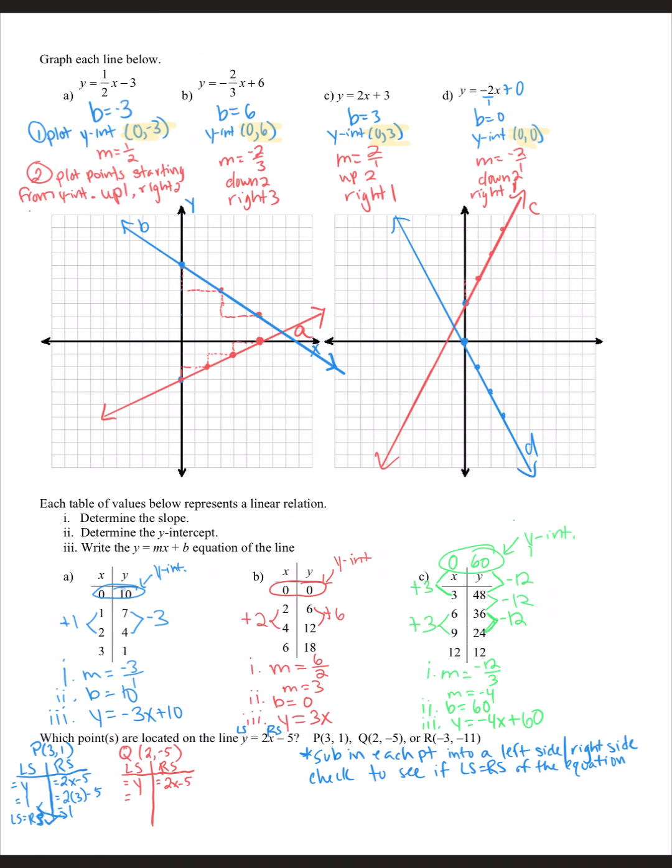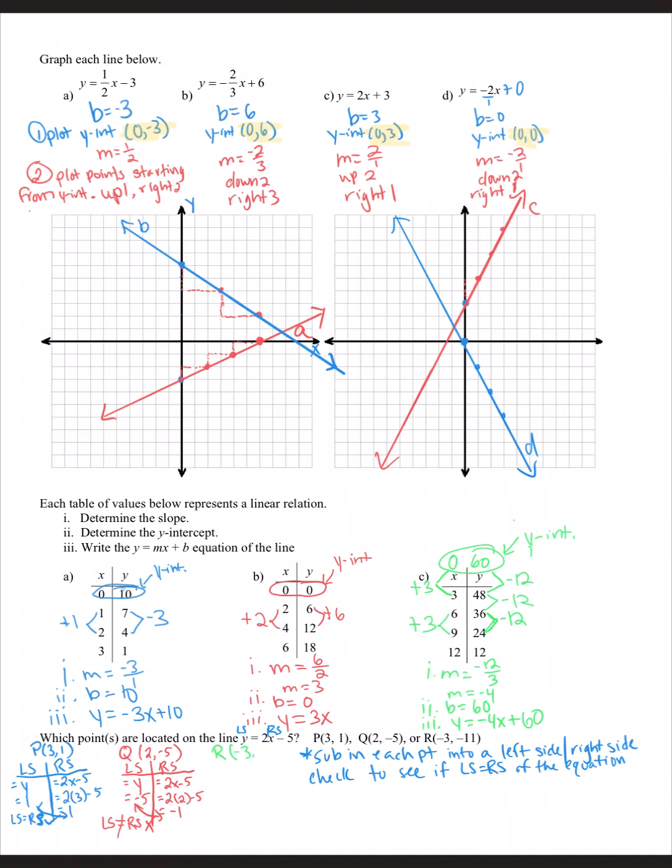So my y value of this point is negative 5, and my x value is 2. 2 times 2 is 4. 4 minus 5 is negative 1. So this time our left side does not equal our right side. So we could say left side and then cross out our equal sign to show that it does not equal. So point Q is not one that's going to end up falling on that line. We will check that last one though.